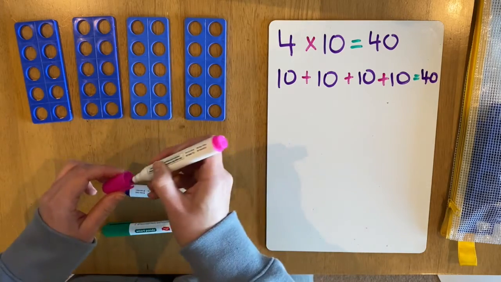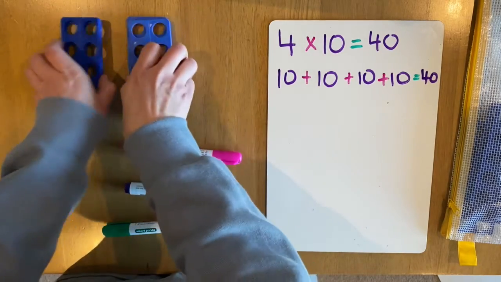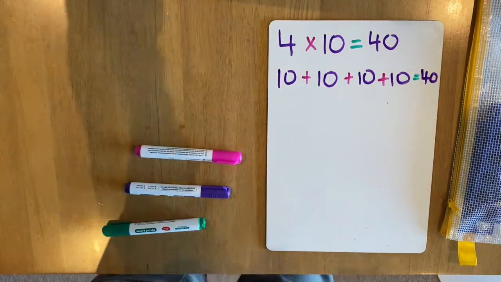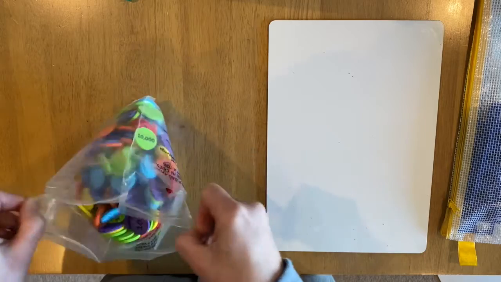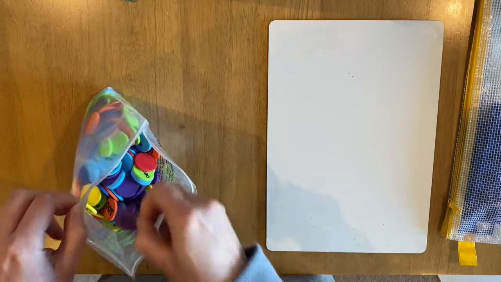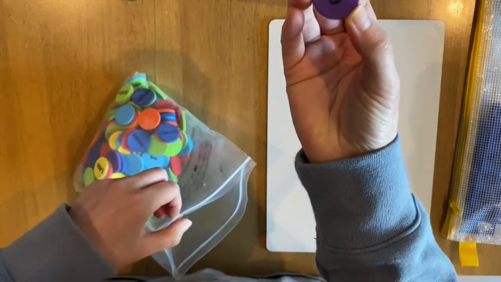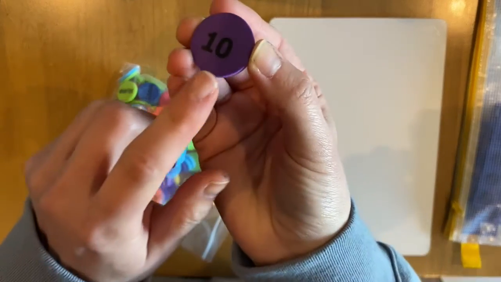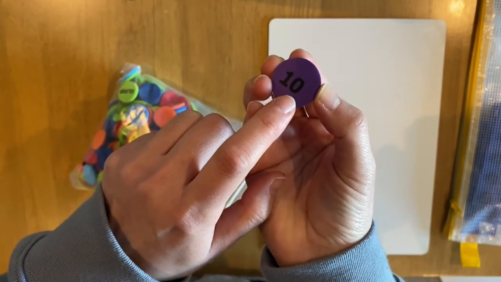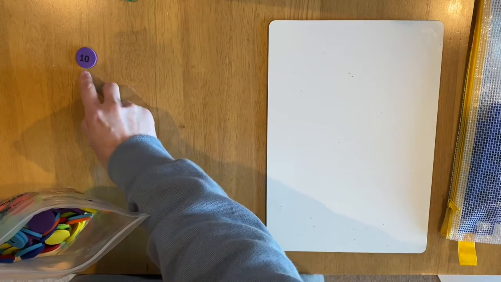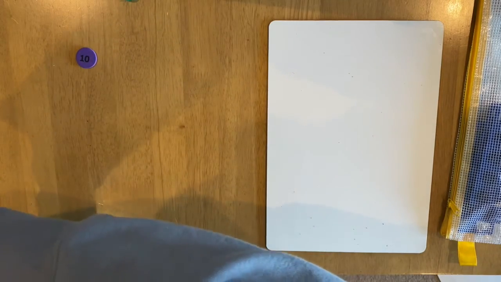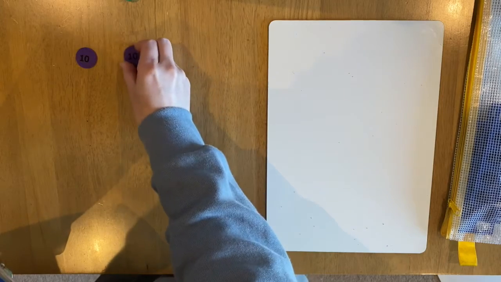We'll do another one. This time, I'm gonna make it a little bit trickier. This time, I've got some counters. On the counter, I'm not sure if you can see, there is a number 10 on it. So here is a 10. Here is a 10.